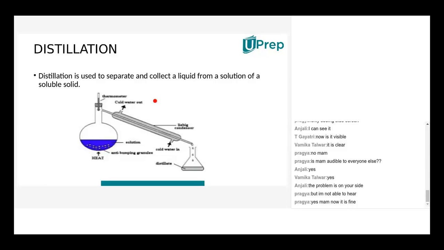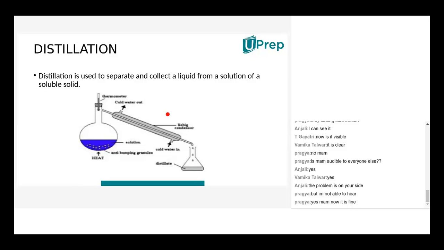My one doubt is that in the condenser there is something called cold water out, cold water in. What is it? It's used to cool down the vapor. Then only it converts to liquid state. The hot vapors, when cooled down, convert to liquid state. We want the liquid to be separated. Here direct liquid won't pass to the condenser.